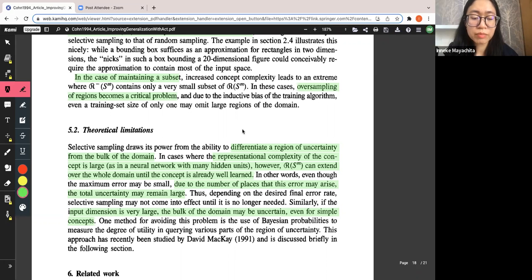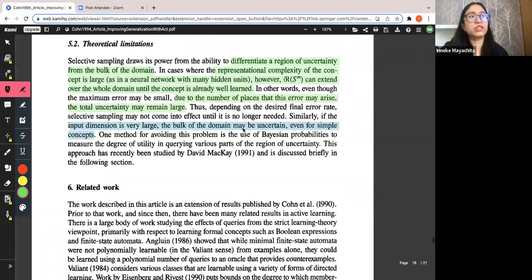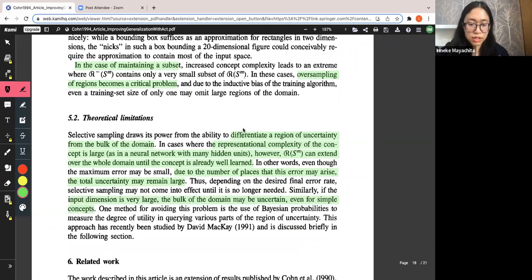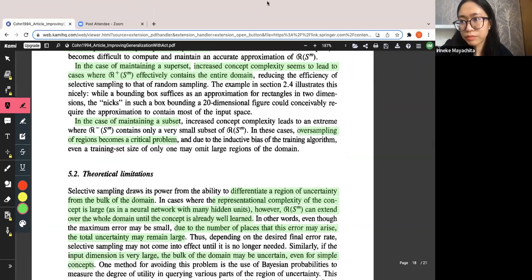So basically what they want to say here is that it is applicable only when the concept is easy to learn, and it will be computationally intractable if we need large models just to learn these concepts. So I think that's all from this paper.